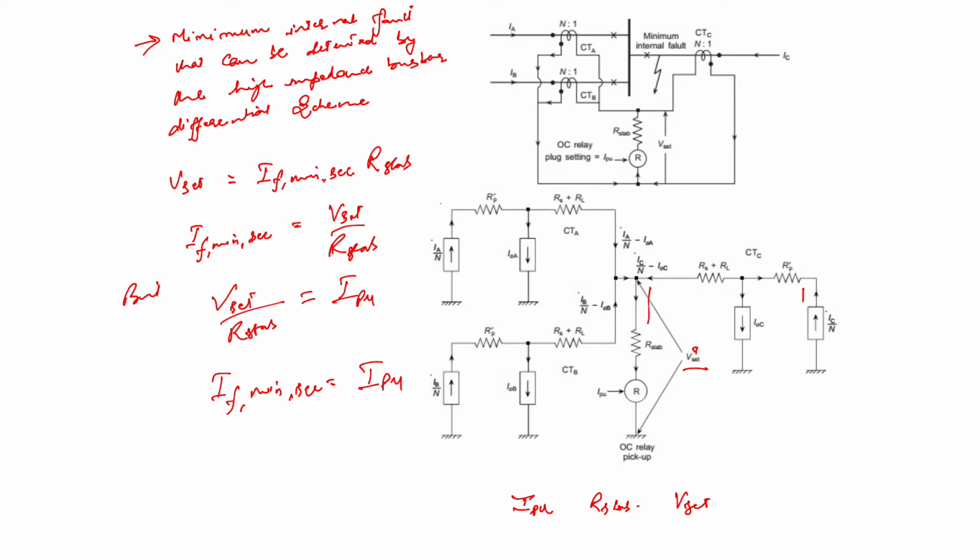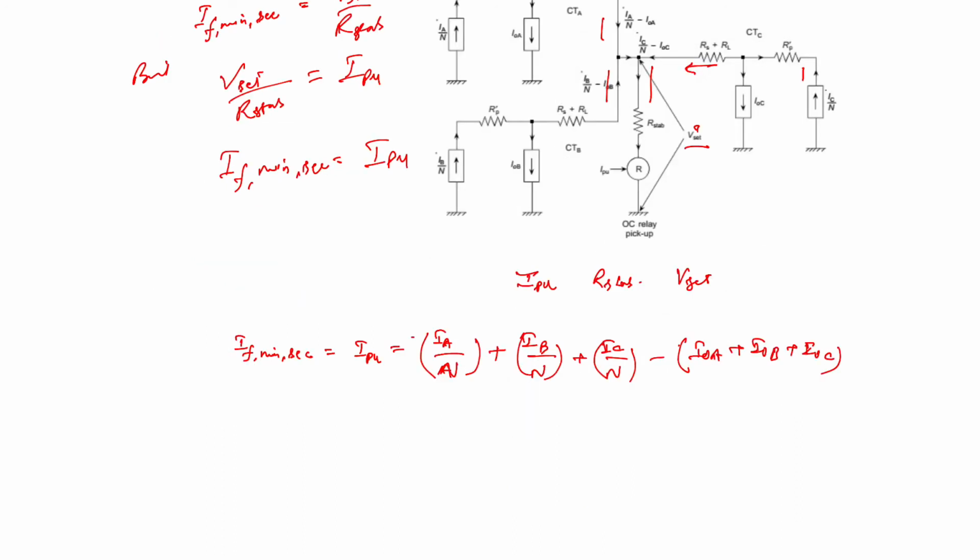This is the spill path, so this is also feeding, this is also feeding, and this is also feeding the spill path. So we have to calculate the minimum internal fault current in that case. So we can take the sum of all the currents.